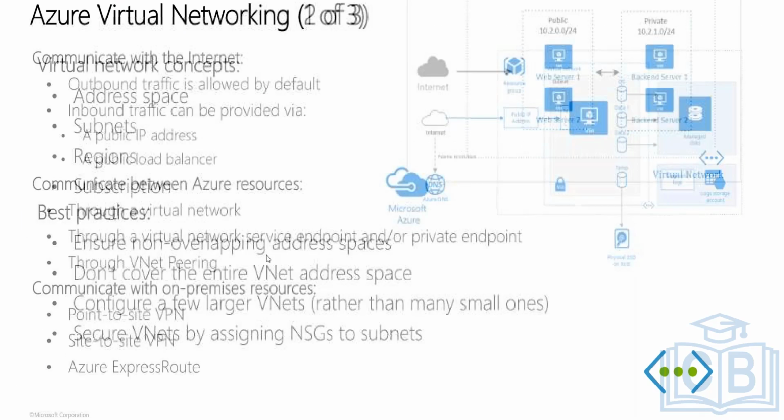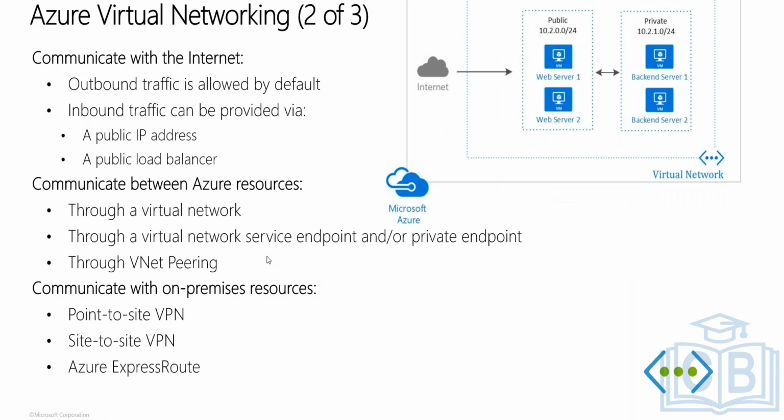Let's move ahead. Whenever you have subnets created, within each subnet you can create multiple virtual machines over here. Once you look at these virtual networks, these are foundations for your virtual machines.